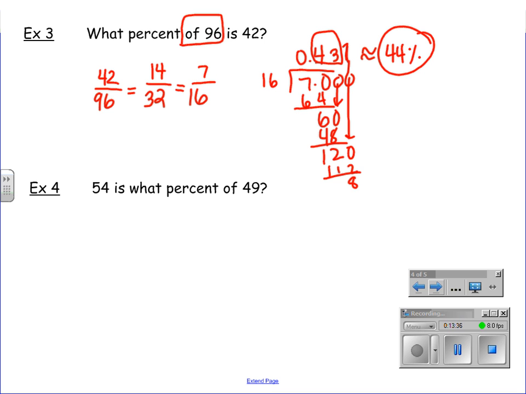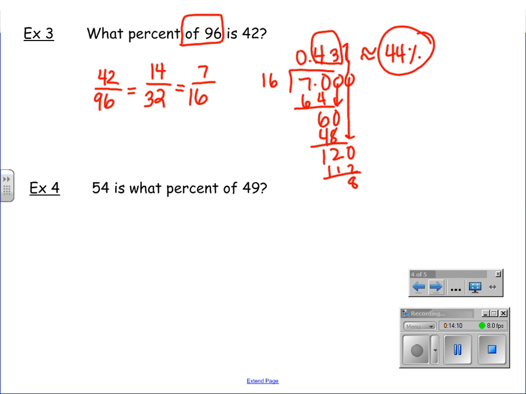Those are all factors of 54. I don't want 81.